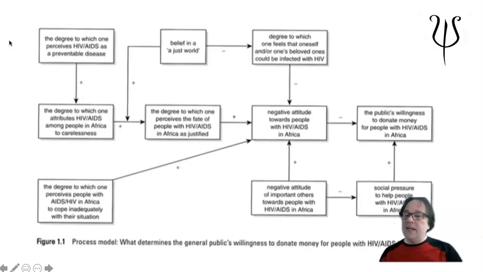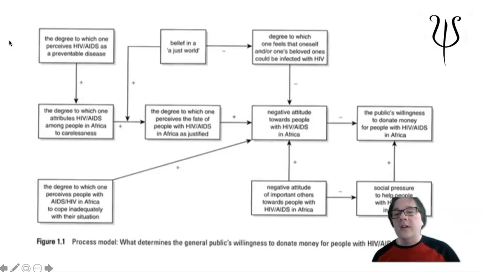Okay, so here's just an example of what a process model might look like. This one asks, what determines the general public's willingness to donate money for people with HIV and AIDS in Africa? You can see several different variables included in here. One is the degree to which one perceives HIV/AIDS as a preventable disease.